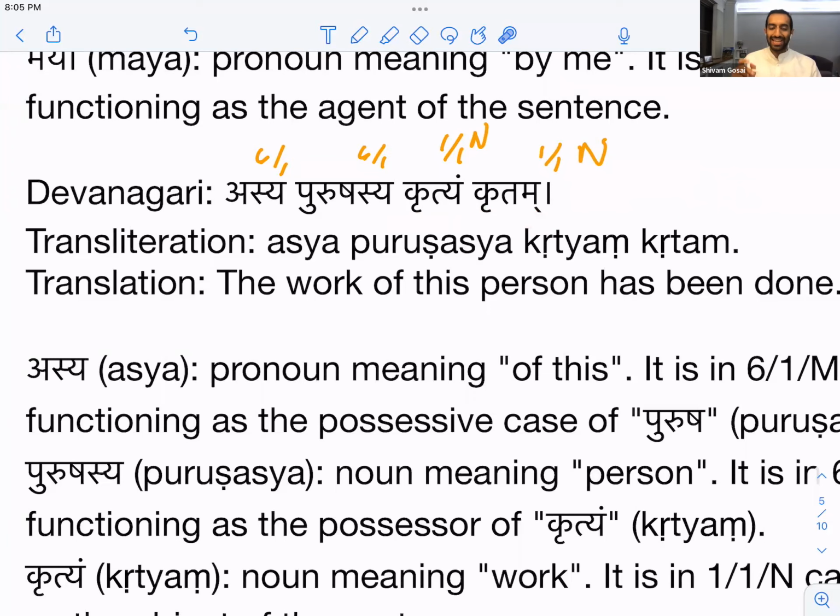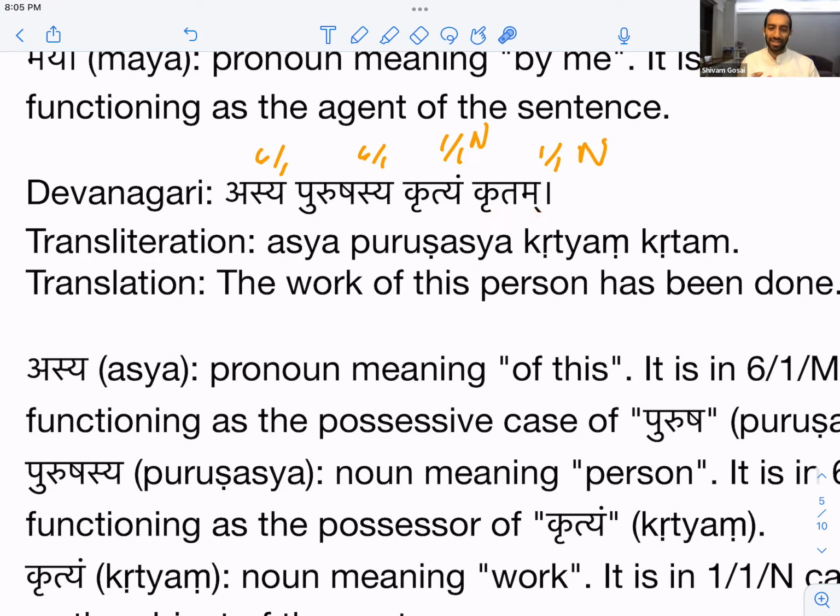It means that which has been done. So it's past and it's karmani. Karmani bhute. Kta is default karmani bhute. That which has been done.